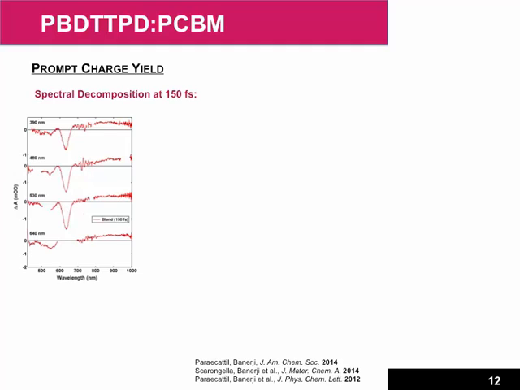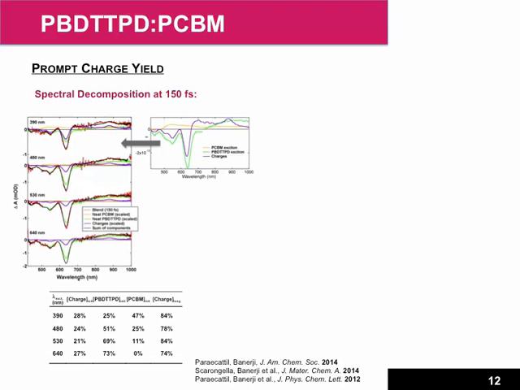So what we did here was to take the transient absorption spectra at the earliest time delay that we could resolve, and then we took the spectral signatures of the charges and of the exciton in the polymer and of the exciton in the fullerene, and we just decomposed those spectra into a linear combination of the three.